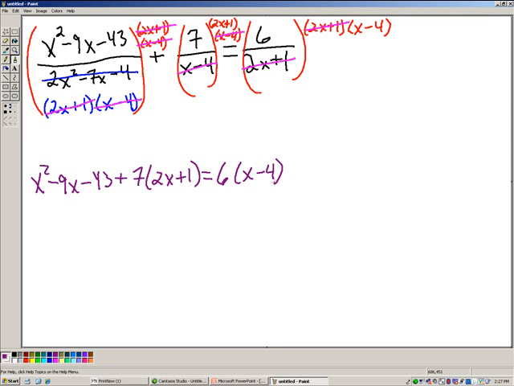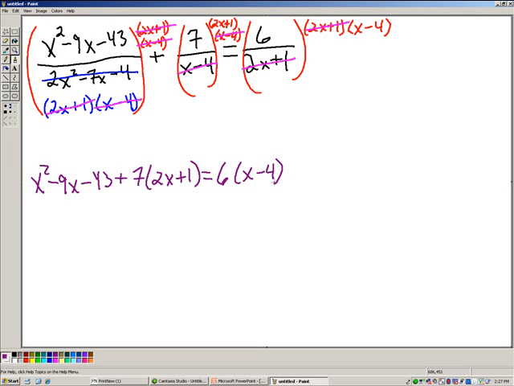Now, for those of you that hate fractions, you might look at this and rejoice because there are no more fractions. They have all been eliminated. That's the result of multiplying by the common denominator. All the denominators end up getting canceled, and you're left with just a simple equation.